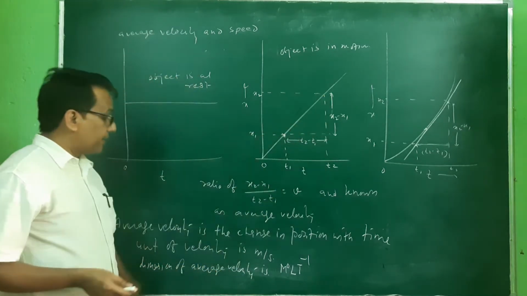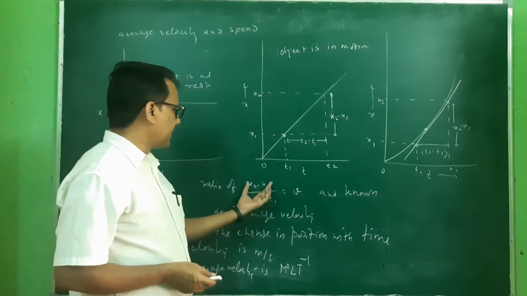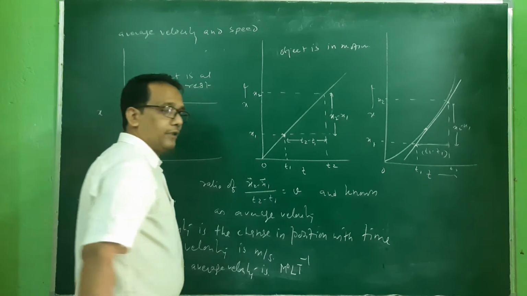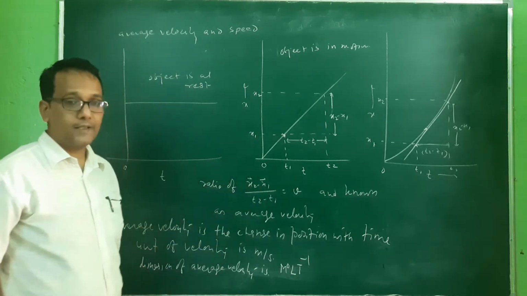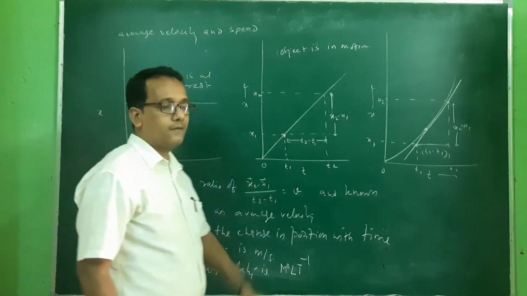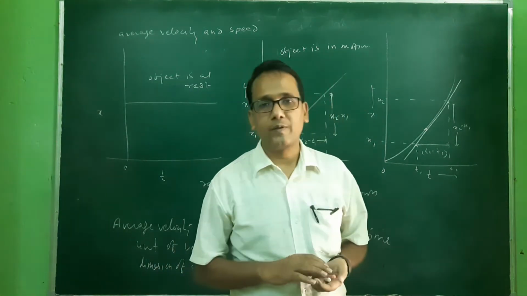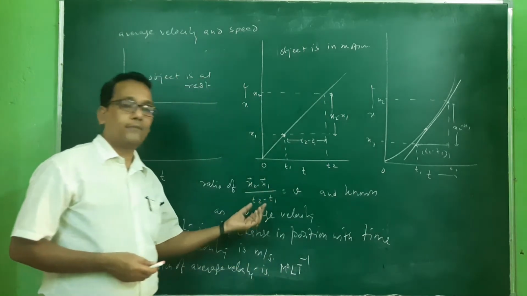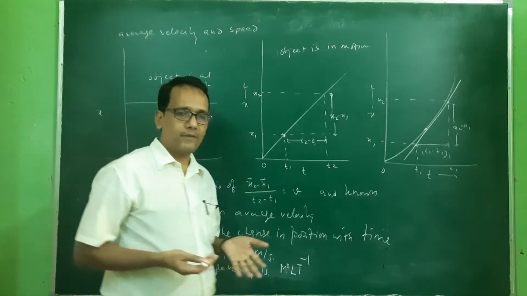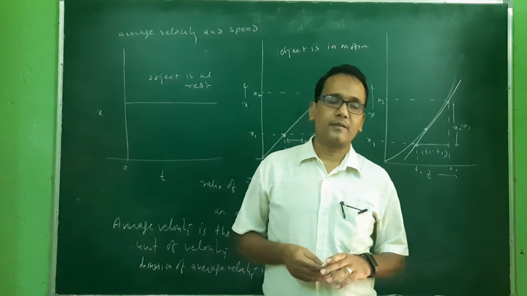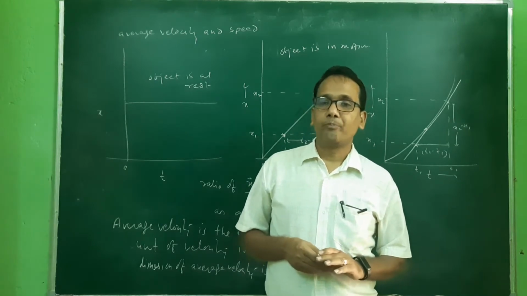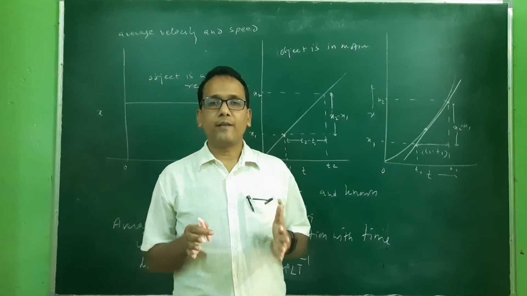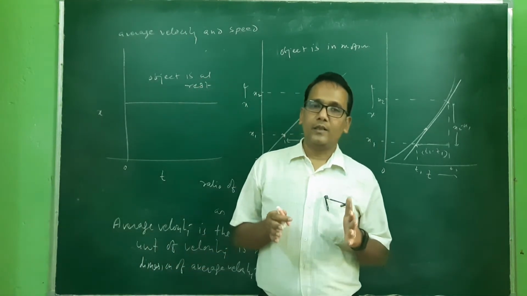Velocity is a vector quantity. When we talk about displacement, that gives velocity. And when we talk about distance, which is a scalar quantity, the ratio of distance change with time is known as speed. So speed is a scalar quantity and velocity is a vector quantity. If we talk about velocity, we have to give the direction also.